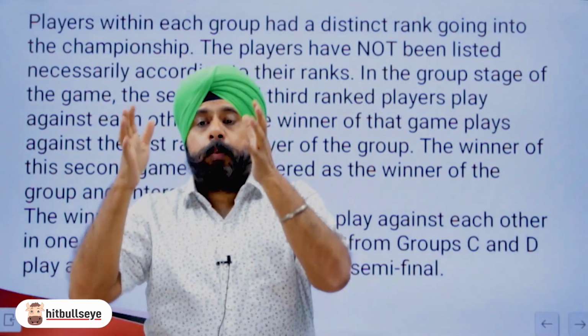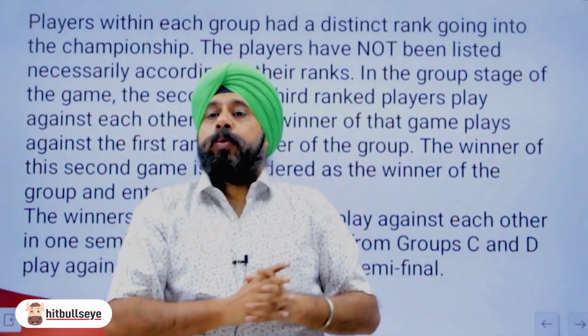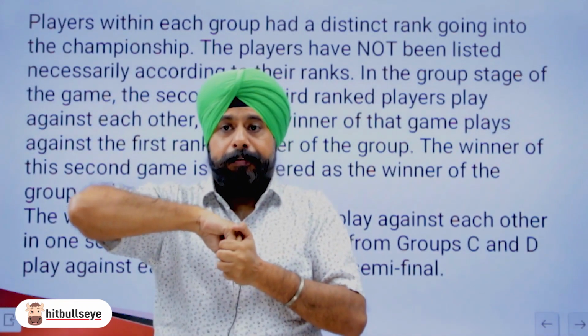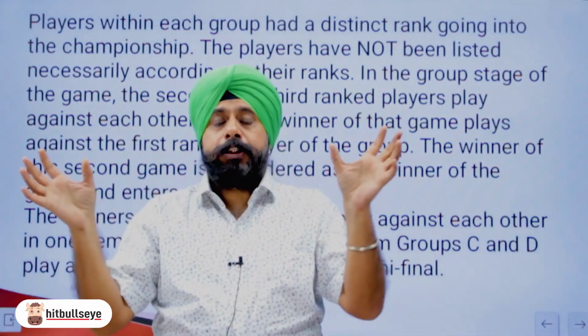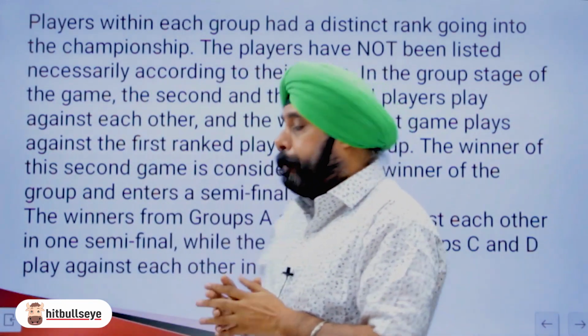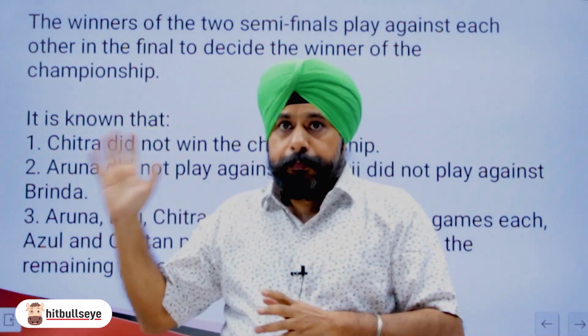So you basically get one player from group A, one from B, one from C, one from D, who reach the semi-final. The 4 semi-finalists play the semi-finals, the 2 winners play the finals and so on. And then people, after that, some further conditions are given, which we will use while answering.